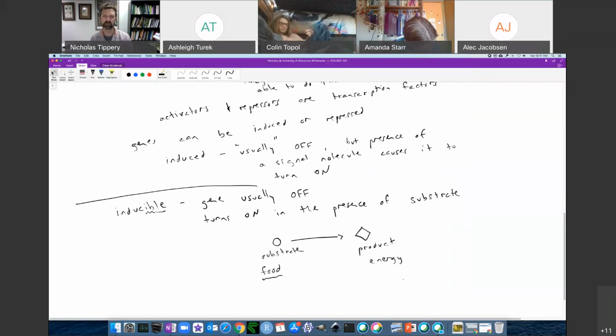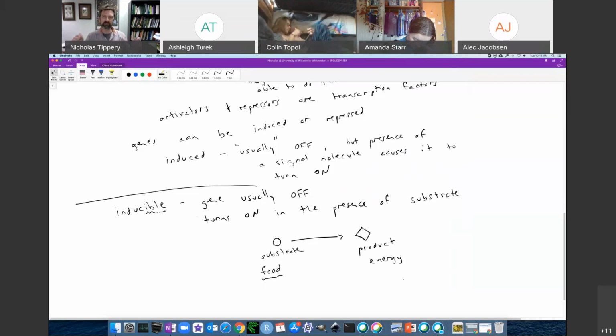A lobster fork. So you find yourself with lobster, right? Time to eat lobster. Can't eat the lobster straight away. You got to get your special lobster eating equipment. So a cell finds itself with, say, a rare food source, a molecule that it can break down and use for energy. Because it's a rare food source, it doesn't make sense to have the enzyme always present. You don't always have your lobster fork out.